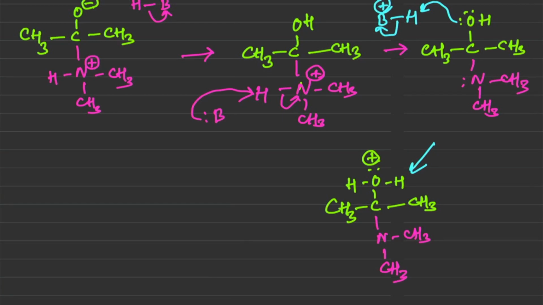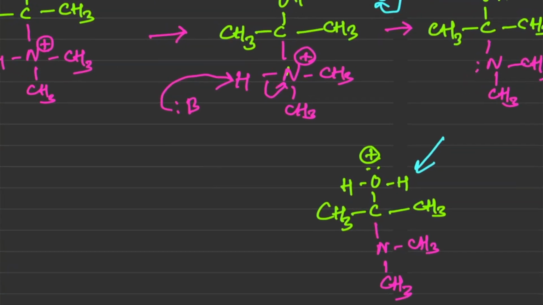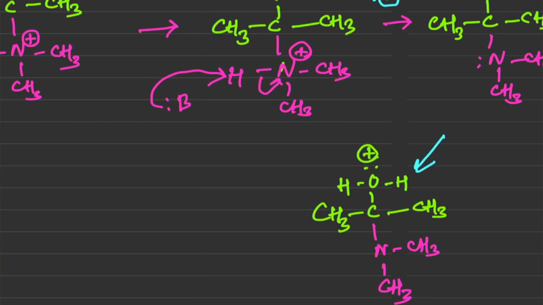At this point, our next goal should be to neutralize the positive charge on oxygen. We can do that by breaking this bond here. Oxygen would pull the 2 electrons between C and O, and it will go away as water.